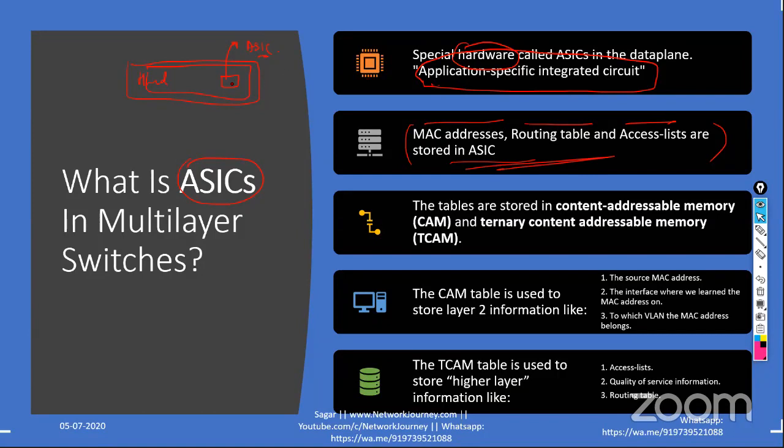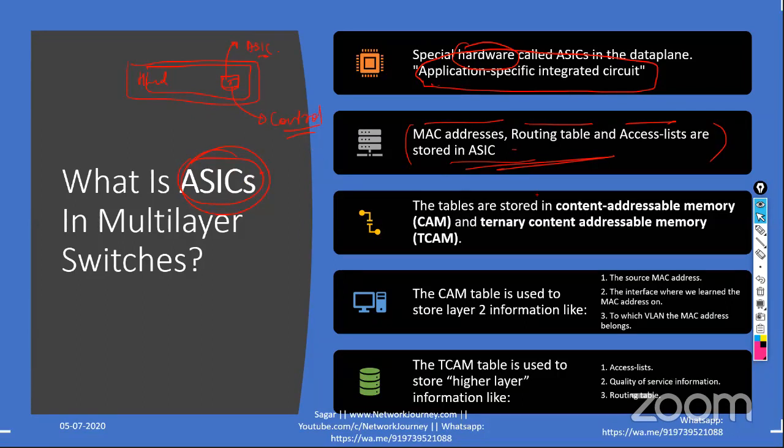These are the information stored inside the ASIC, and these are in your control plane. That's why when you send something from the data plane to the control plane it has to be fast. If it takes a lot of time, you're creating latency yourself, right? So these are the technologies making processing faster in the control plane.